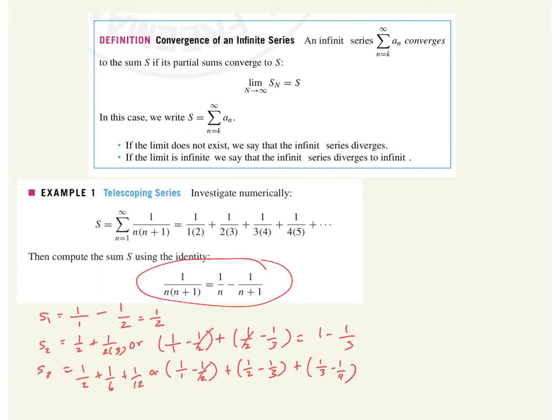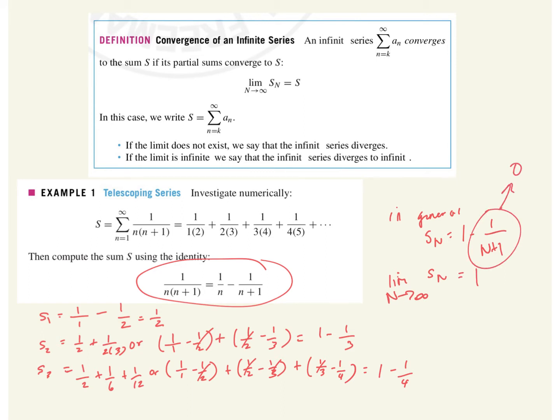And again, those internal fractions cancel out, and we're left with 1 minus 1 over 4. So in general, S sub n is going to equal 1 minus 1 over n plus 1. And if we take the limit of that, it's going to equal 1, right? Because this term would zero out.